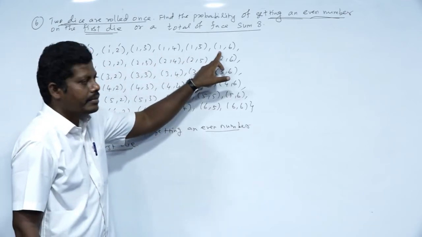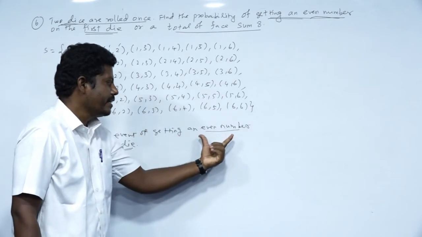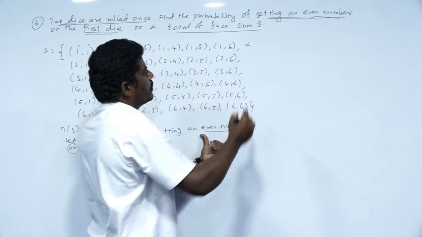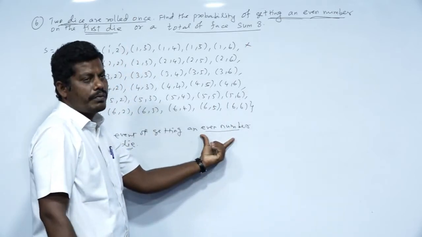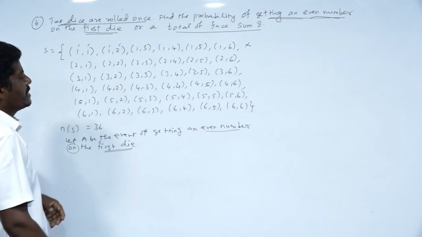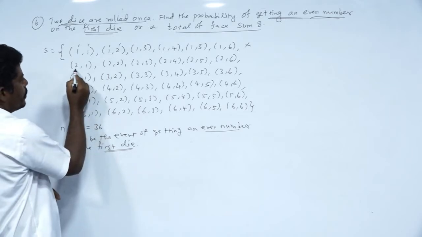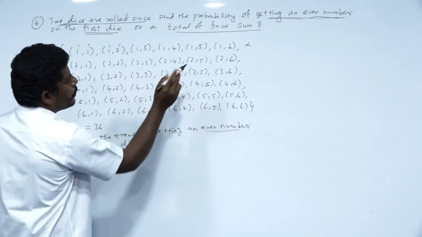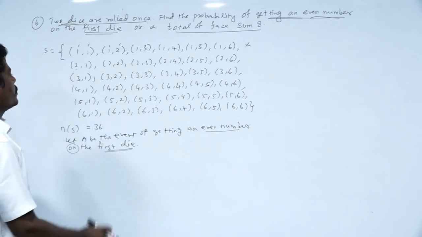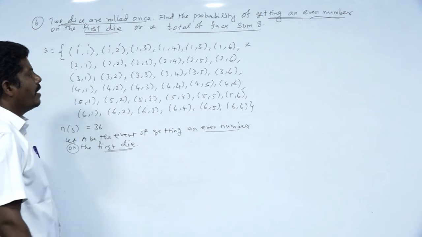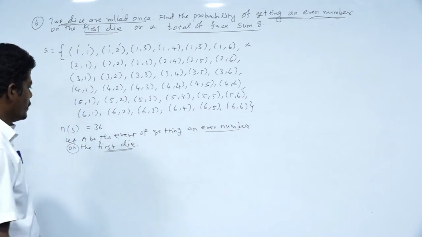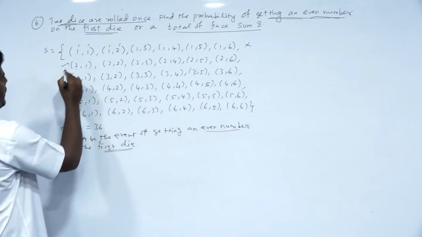So 1 is odd, but we need even numbers. So first row, no even numbers. Come to next row: here 2, 2, 2, 2, 2, all are even numbers. So in second row, all the first day's outcomes are even numbers. So you want to take this row fully.